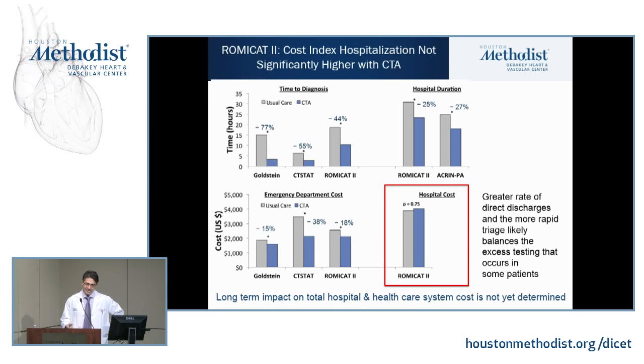But at least one study that has looked at total hospital costs found no difference, but this is just one study. There's really not too many good studies out there that look at overall costs in the long run of how patients are doing with a normal nuclear versus a normal CT.